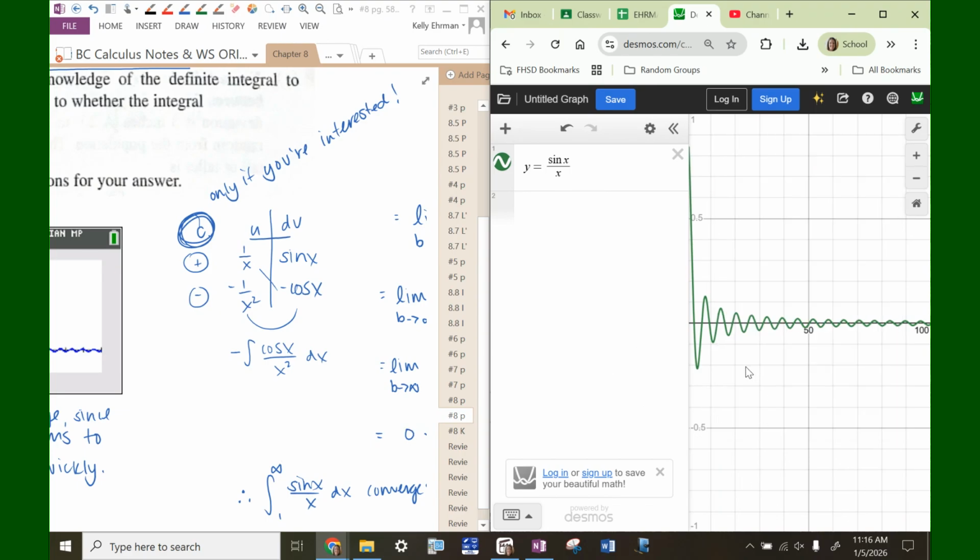Okay, what's happening here? Does this converge or diverge? It kind of looks like each little area might be canceling the next one out almost. What if we put an absolute value around this?